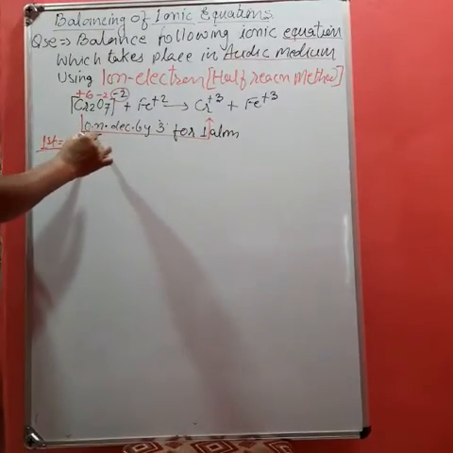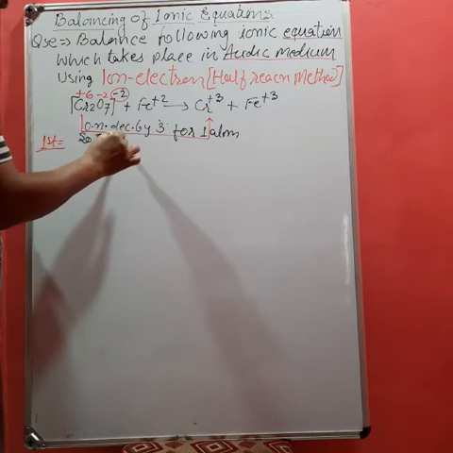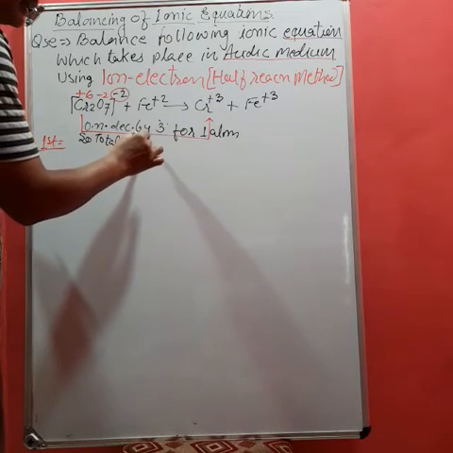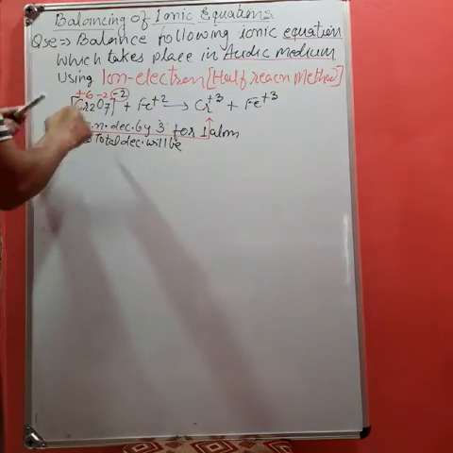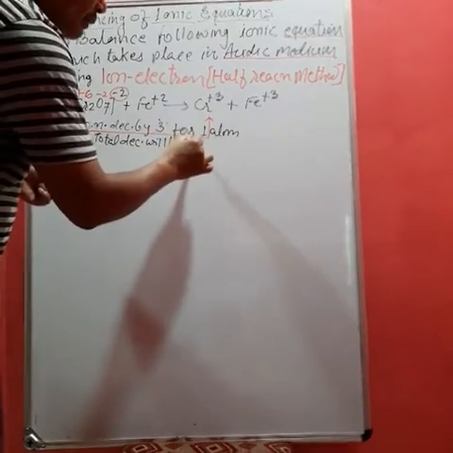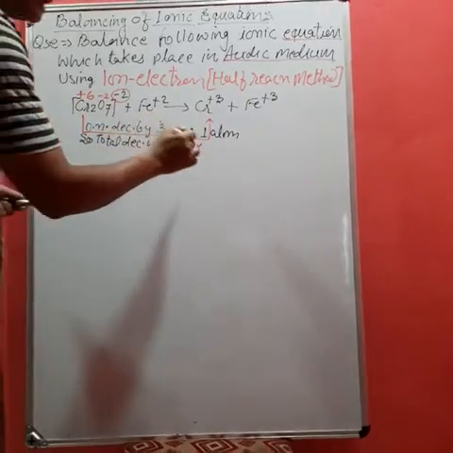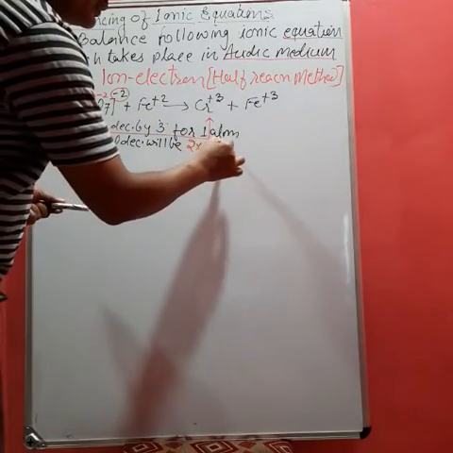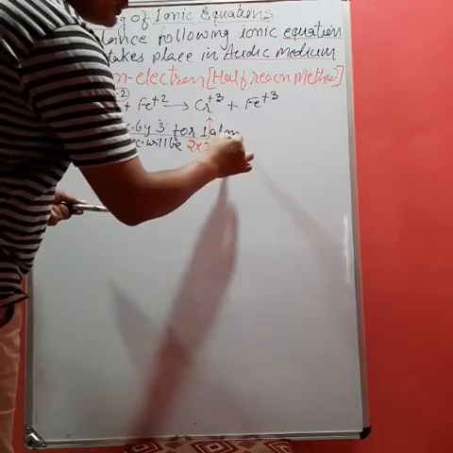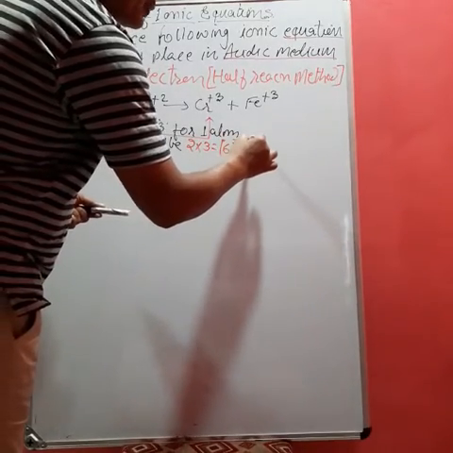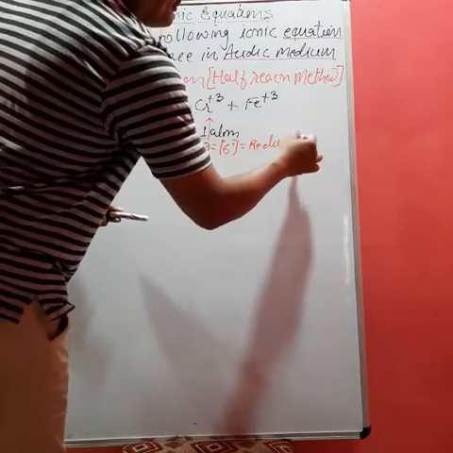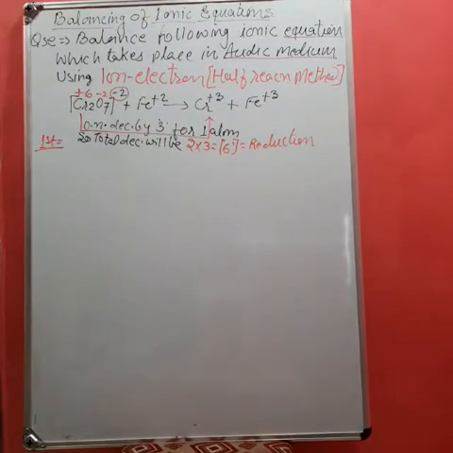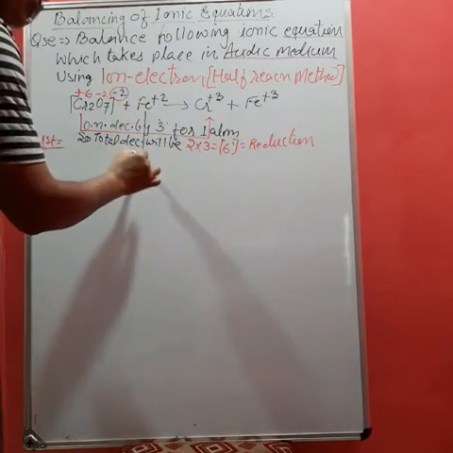So for the total decrease, how many atoms are there? 2 atoms. And how much decrease for 1 atom? 3. So 2 into 3 is equal to 6. This is the total decrease. This process is known as reduction.